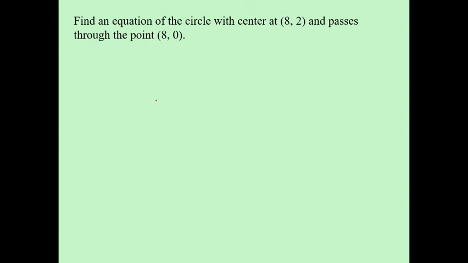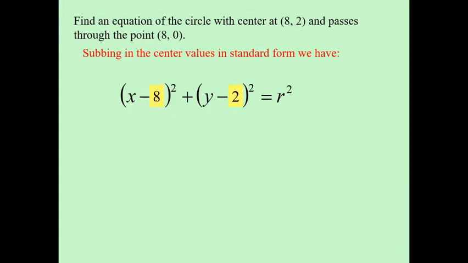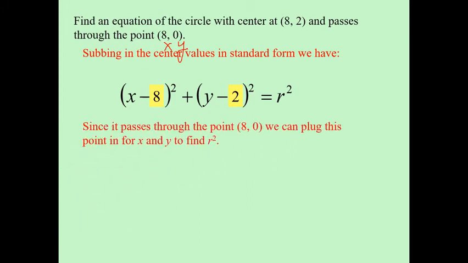Find an equation of the circle with the center at 8, 2 and passes through the point 8, 0. Subbing the center in the values in standard form, this is what we have. Okay. In order to find our r, we're going to have to take the point 8, 0, and put in our x and y values for that.